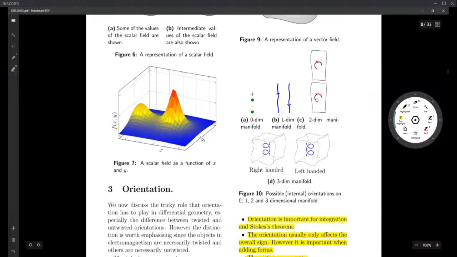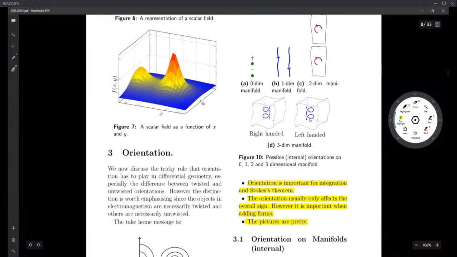For a two-dimensional manifold, which has length and breadth, you have an arc which points in a clockwise or an anti-clockwise direction. For a three-dimensional manifold, you would have a helix structure representing it. A right-handed manifold would go the right way, and a left-handed manifold would go the left way, like you can see in this diagram, clockwise and anti-clockwise.